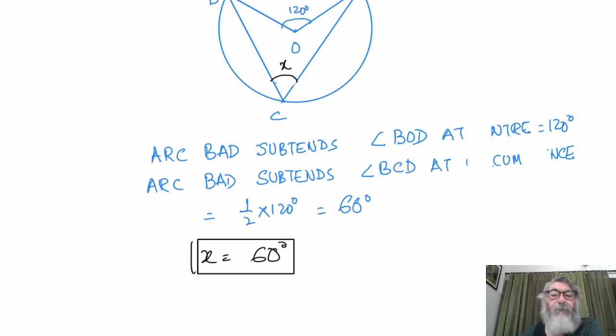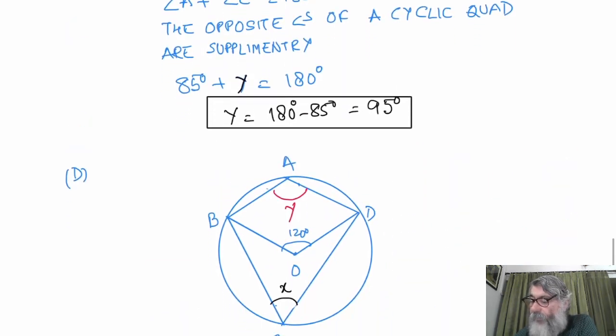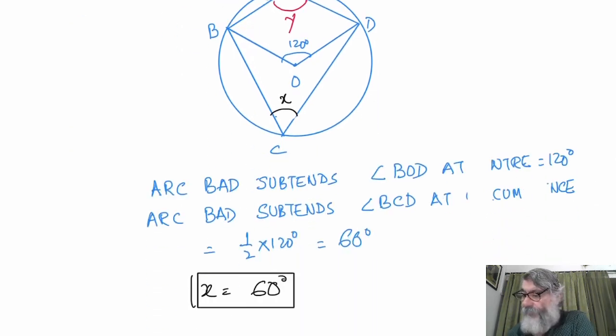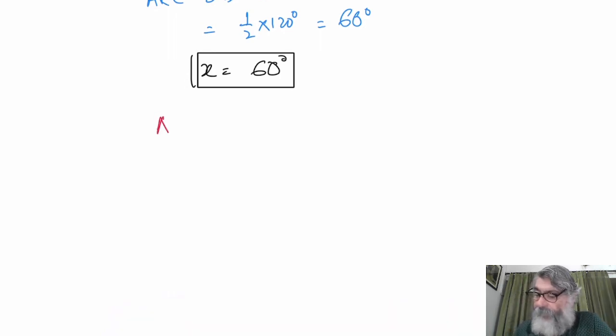X has come out to be 60 degree. Now we want to find the value of Y. ABCD is a cyclic quadrilateral.